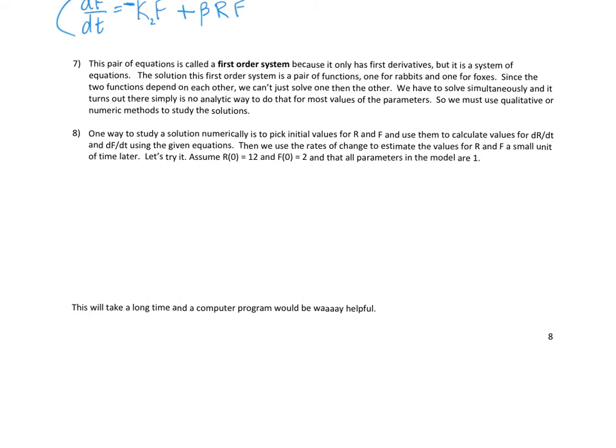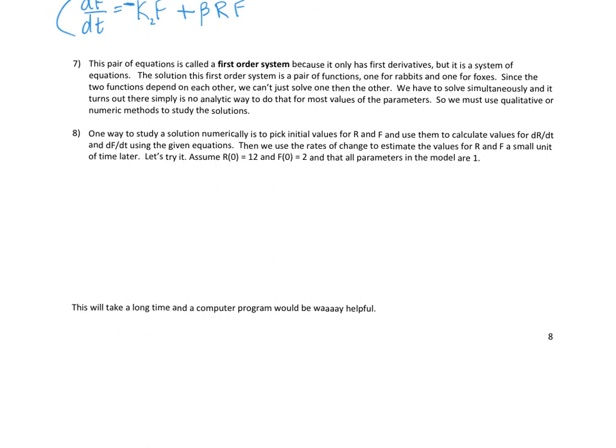Let's just call it, I don't know, week. I didn't tell you in the problem, so we'll just make it up. Okay, and then dF/dt is going to be negative 2 plus 12 times 2, which is 22 foxes per week. So those are the rates of change.